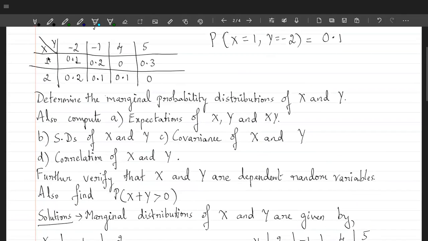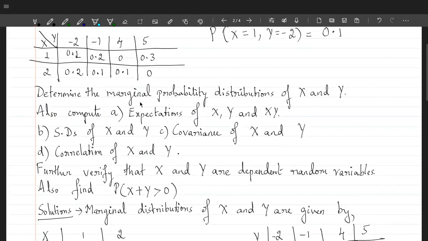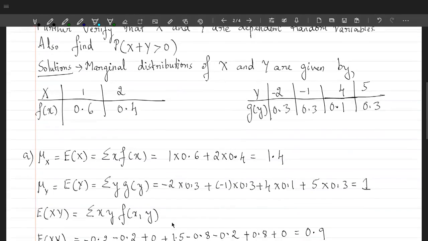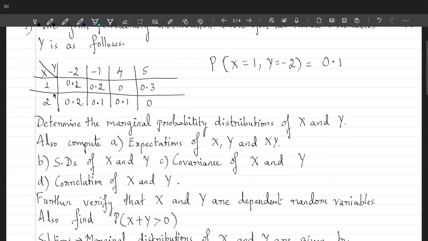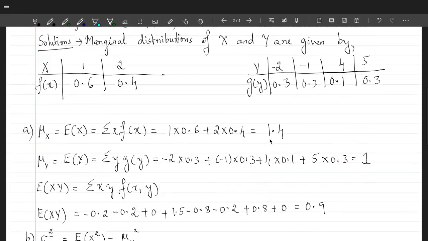Then when x takes the value 1 and y takes the value minus 1, the corresponding probability here is 0.2. So 1 into minus 1 into 0.2, you get minus 0.2, the next value. After that, you have 1 into 4, that is 4, into the probability, which is 0.